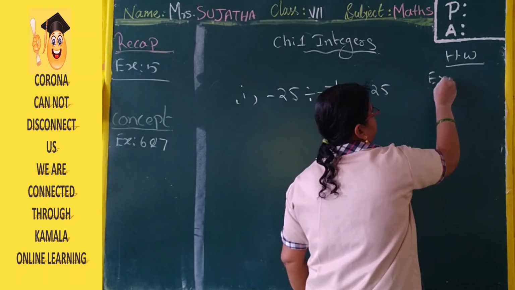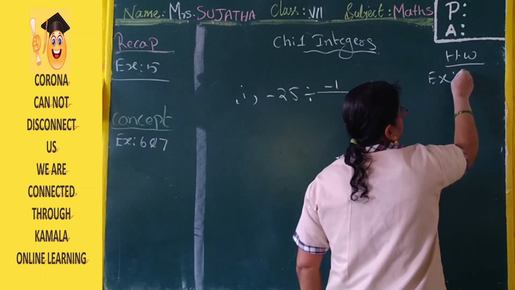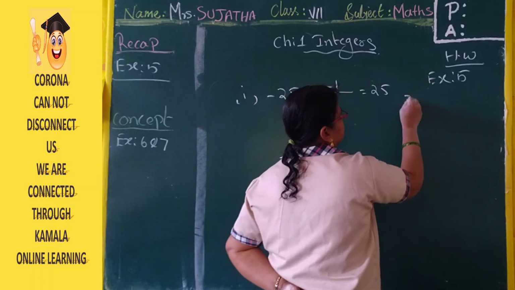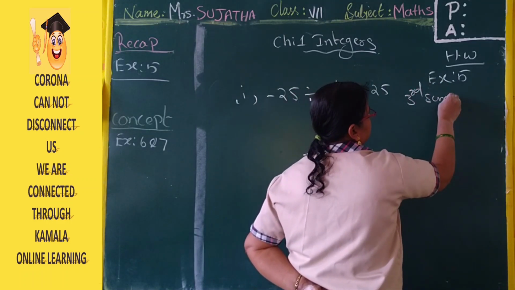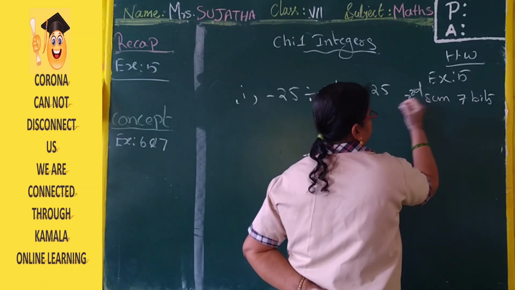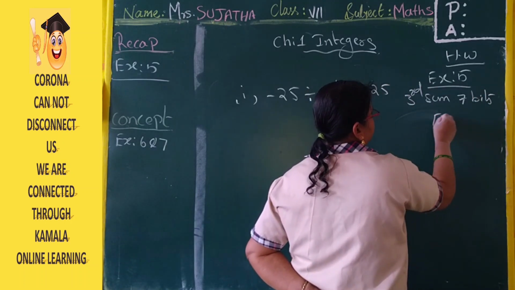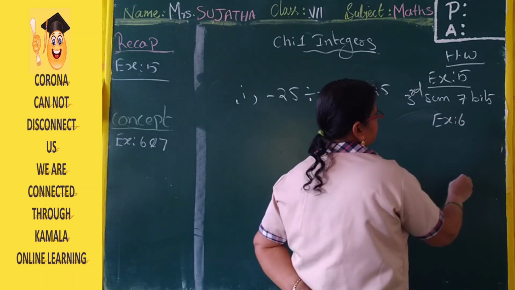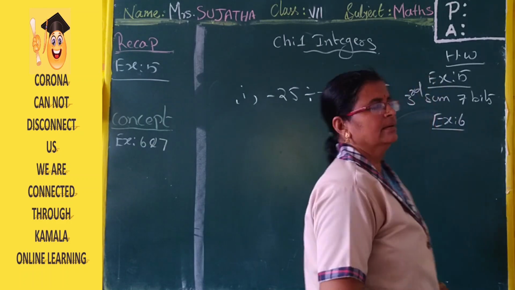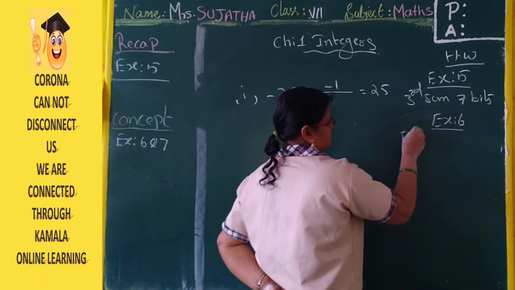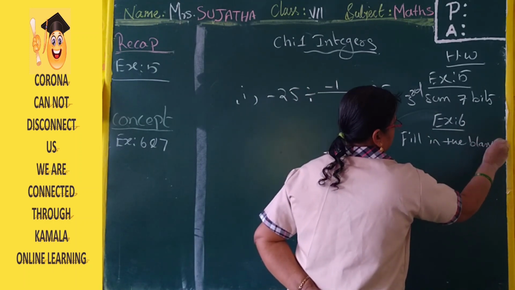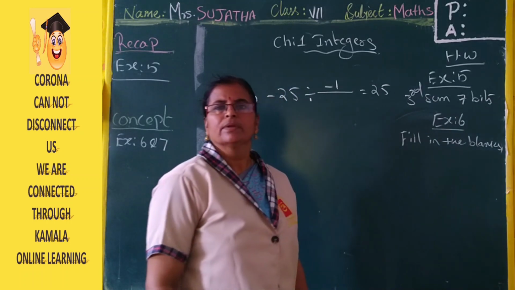So the third sum, 7 bits homework. Next, exercise 6, only 4 bits, fill in the blanks. These are the homework.